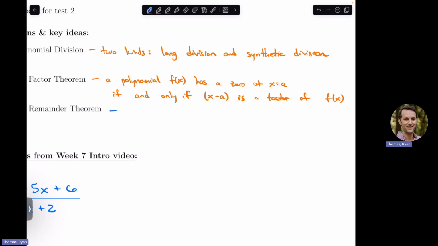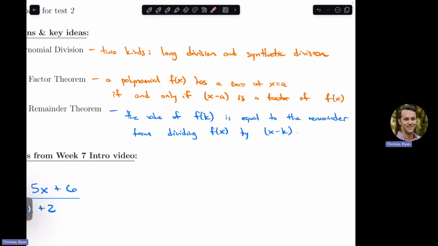This is a special case of a thing called the remainder theorem, which says basically that the value of f of k, so just some number in evaluating the function, is equal to the remainder from dividing f of x by x minus k.